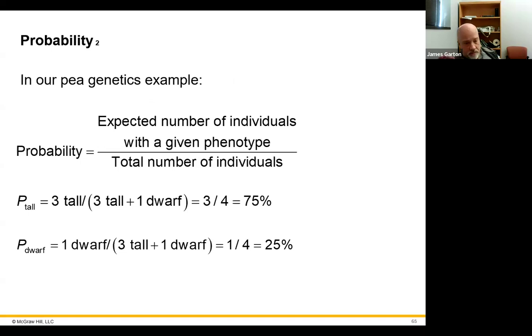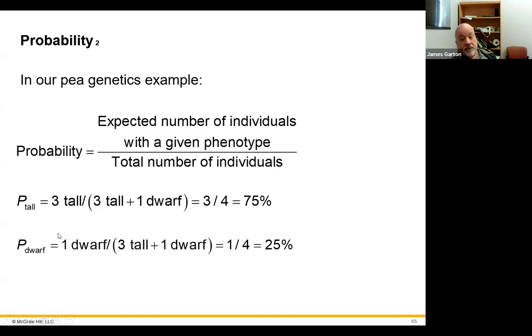Now, in genetics, if you cross 2 heterozygous pea plants, and they are both heterozygous for purple flowers, the probability of observing the dominant phenotype is 3 out of 4.